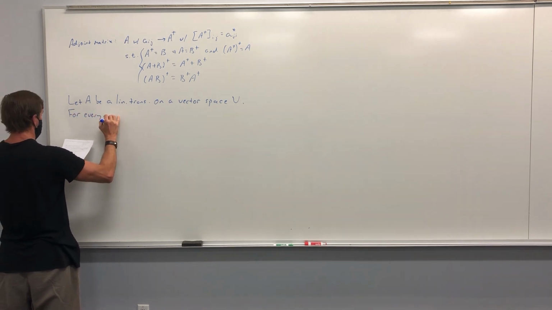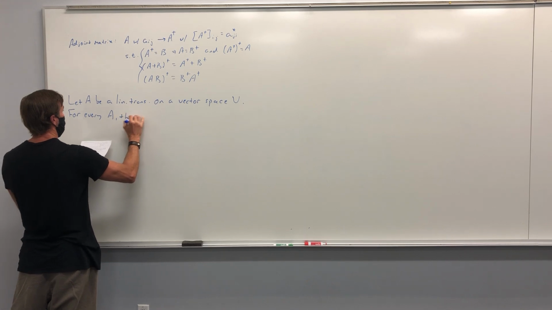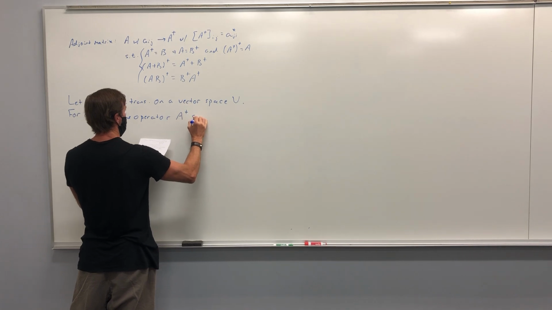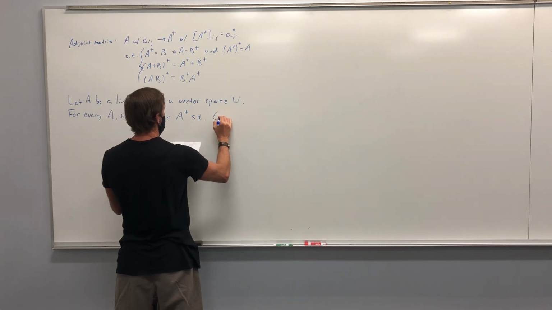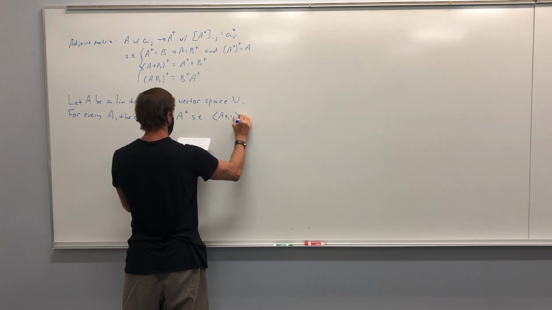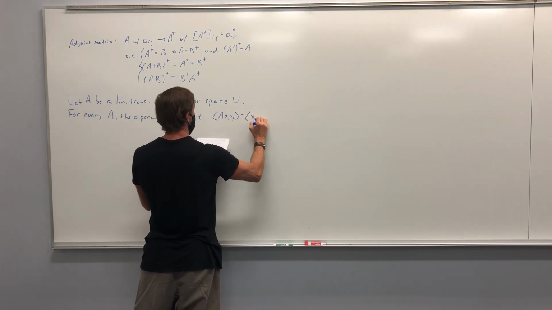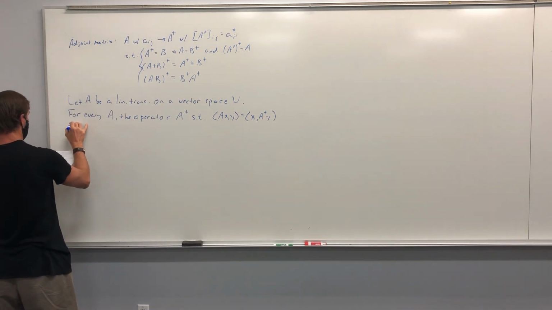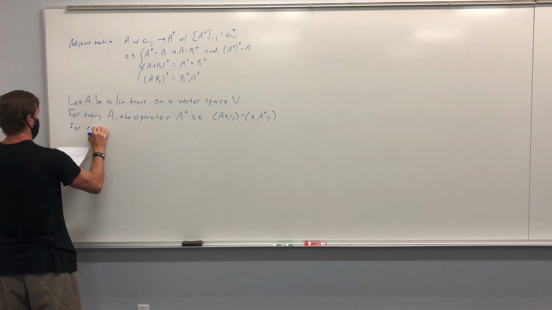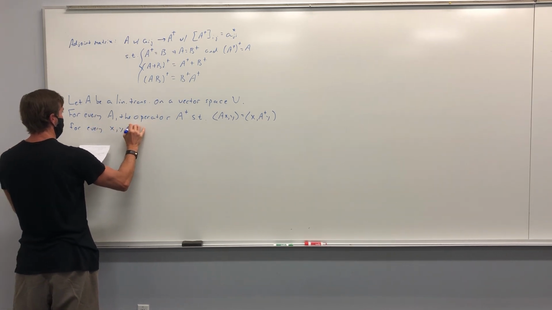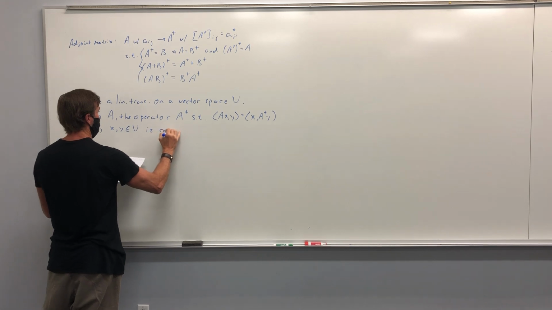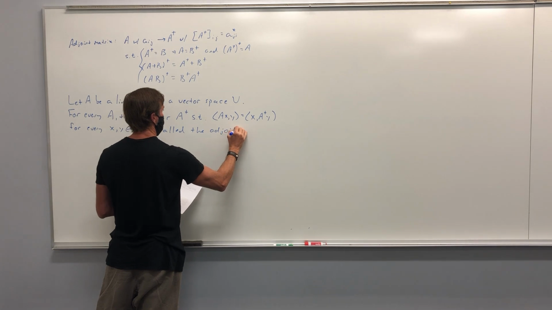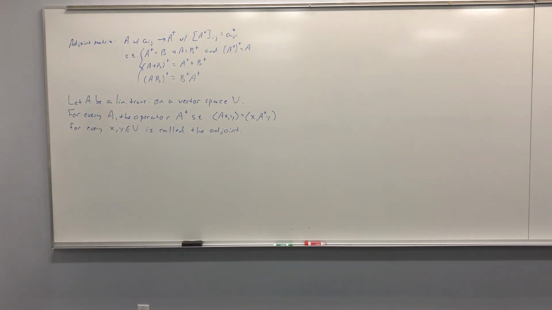For every A, the operator A dagger, such that, and here we go, <AX, Y> is <X, A dagger Y>, for every X and Y in V, is called the adjoint. Okay?